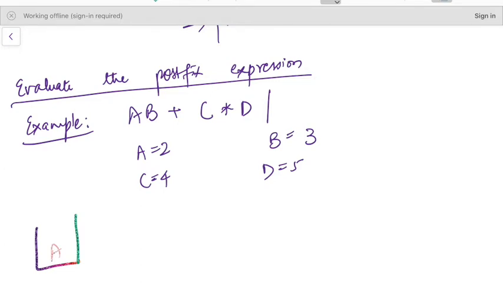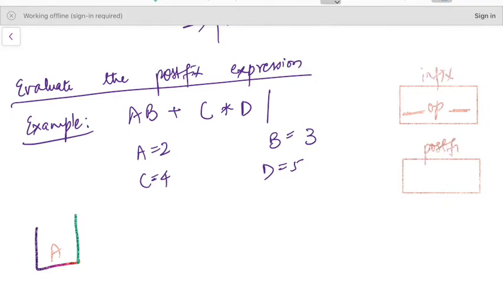In an infix expression, we have the operator in between the operands. Here are the operands, and in between there is an operator. This was an infix, and this is a postfix. The operator comes after the two operands.